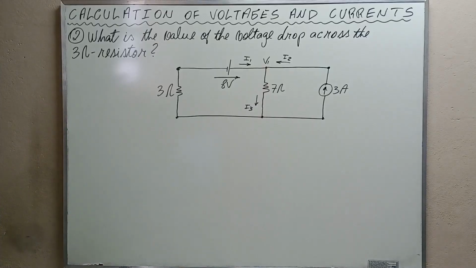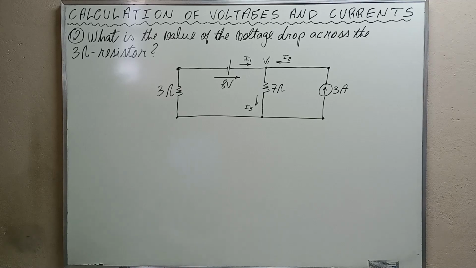To calculate the voltage drop across the 3 ohms resistor, we may apply firstly KCL at node V1. In this way, the sum of the currents that enter the node has to be equal to the sum of the currents that leave the node.